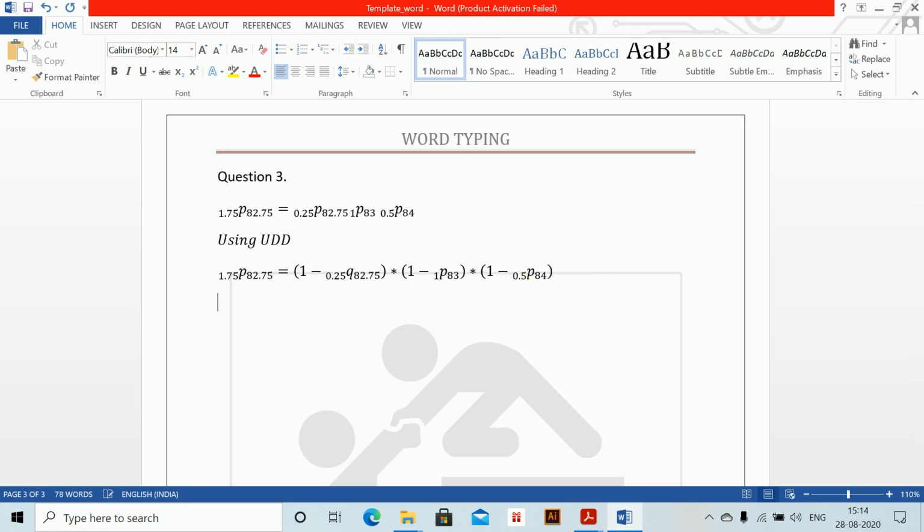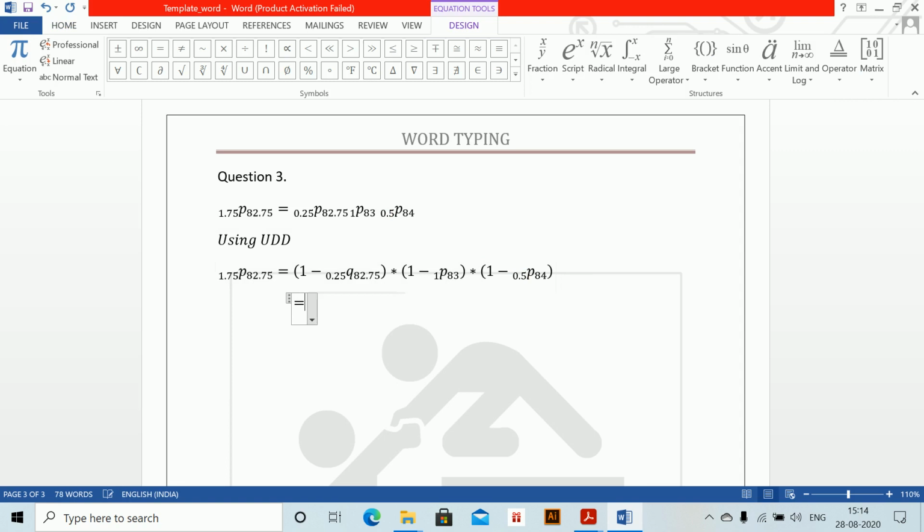Okay, once you are done, alt equals to, now coming to this, we'll solve this. So 1 minus, this becomes 0.25q82. Just change this to q. Do not forget, I forgot to change these to q. Here also it becomes q.